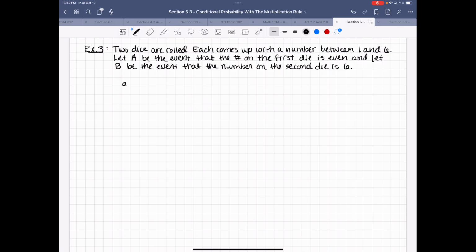A. Explain why events A and B are independent.